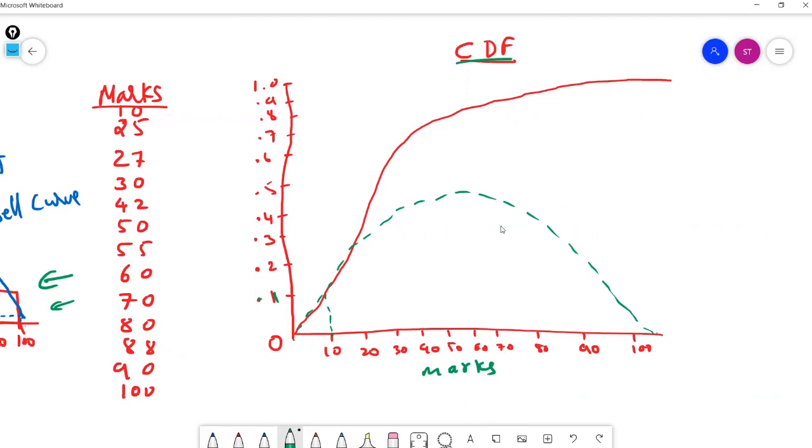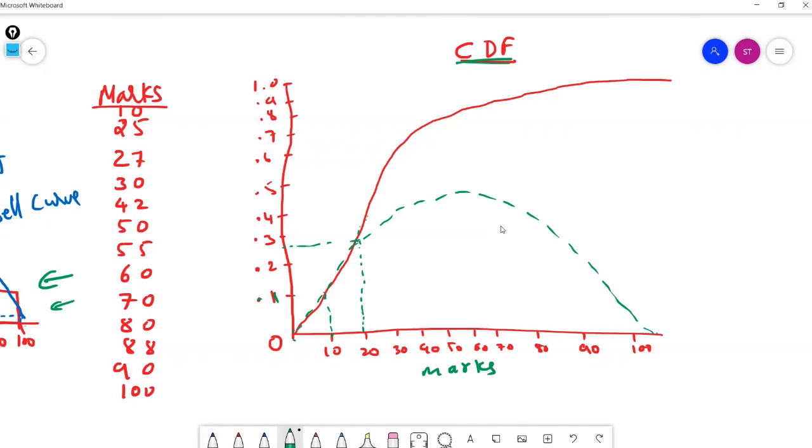You can call it a cumulative distribution function as well. What is the distribution of getting marks from 0 to 20? It is something like this. Then it will keep on adding on top of the last point. It is not going to come down. It will keep on accumulating. That is why the name cumulative.